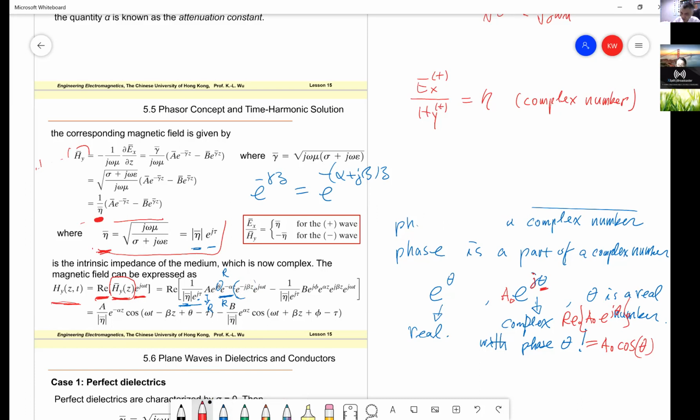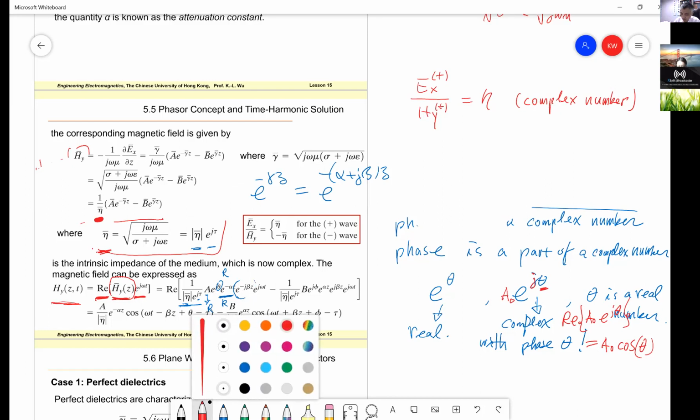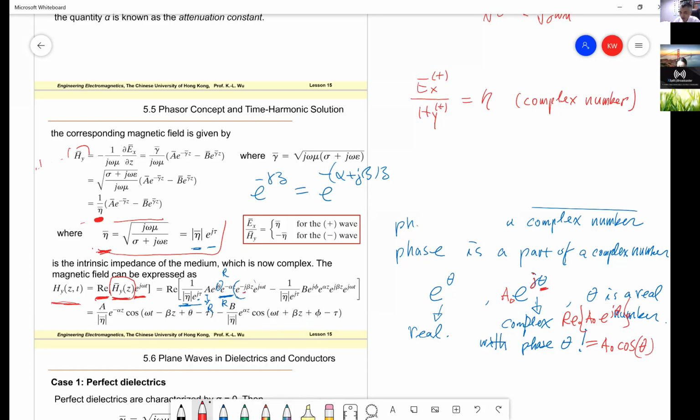So I already see j. Then you can multiply by e to the j omega t. You decompose the phasor term clearly and write everything in real numbers, the same way as for the minus direction.